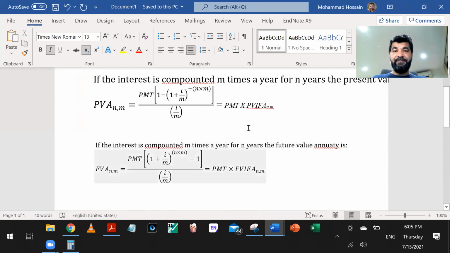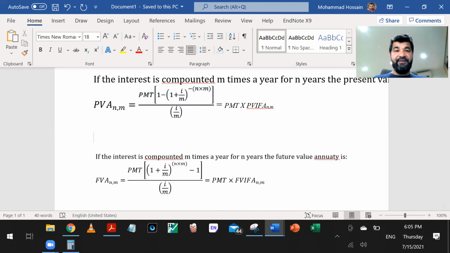So the difference. Now let me show you guys how it will be different. So payment into this, right? The payment, let's say for the $100, the 100 multiplied by the present value annuity for 5% interest. Let me write it down, that will be better.